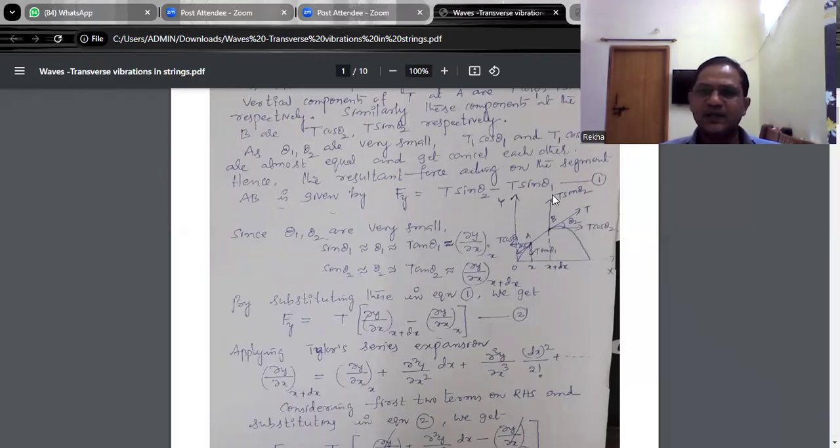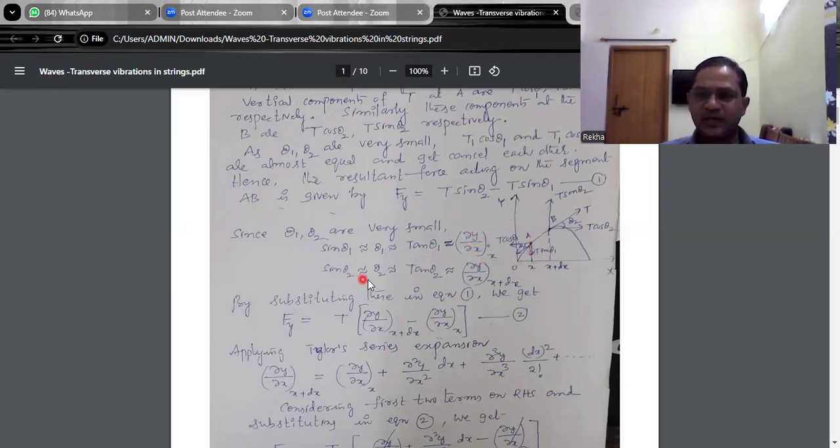Since the angles theta 1 and theta 2 are very small, sine theta 1 is nearly equal to theta 1, which equals tan theta 1. But tan theta 1 is the slope, dou y by dou x at the position x.